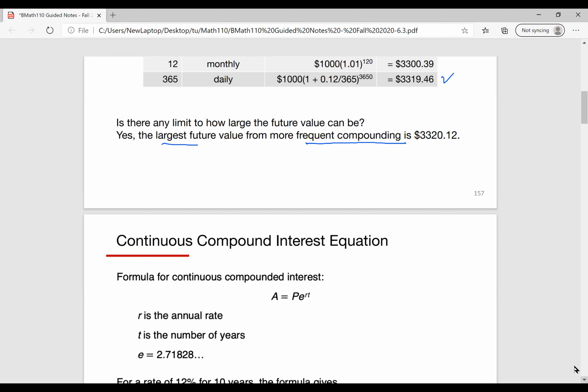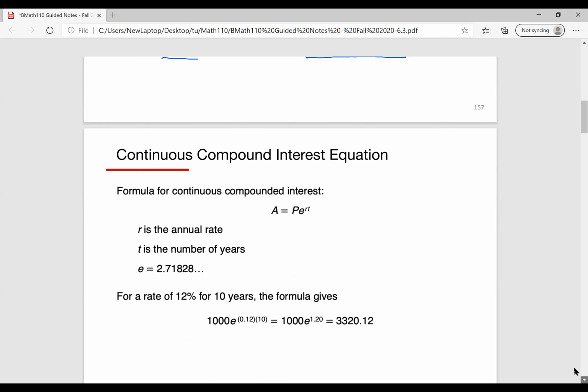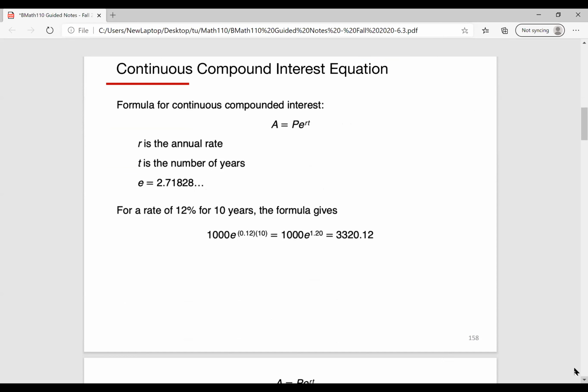So that means we have another option that can make it even higher than daily compounding, and it's called continuous compound interest. This time we will use the formula for continuous compound interest, A equals P times e^(rt).